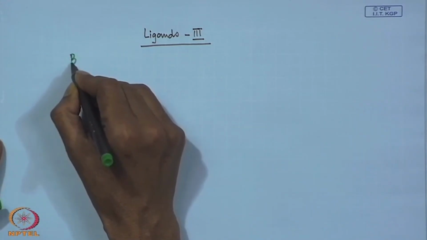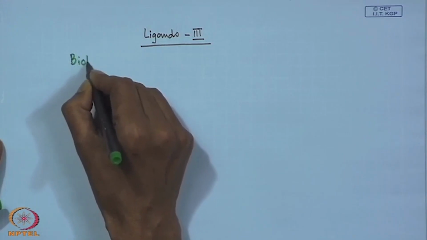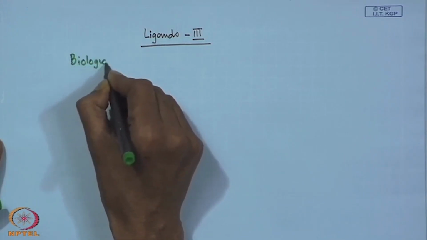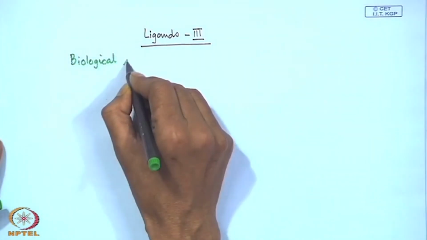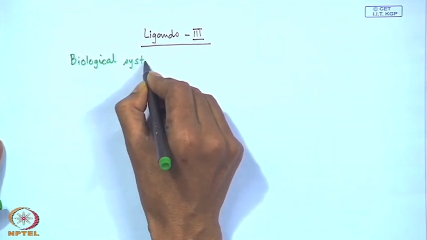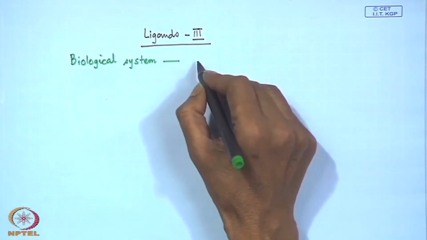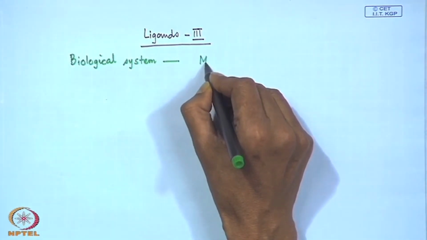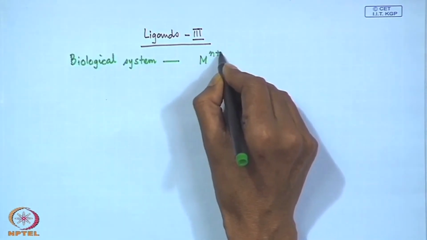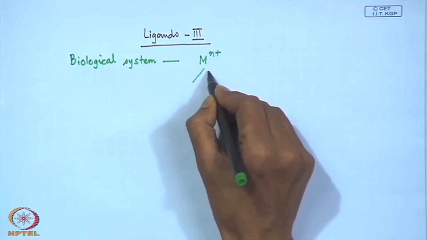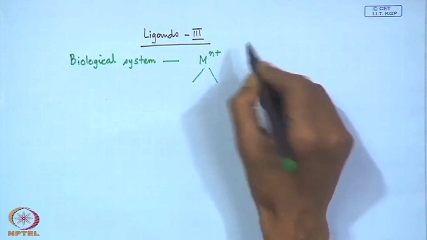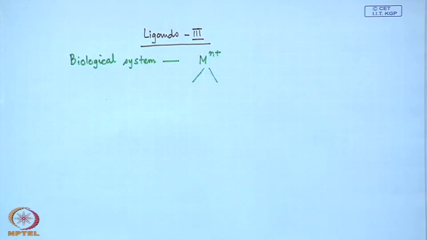So, if we deal with some biological system, so we will be talking about so much about the different metal ions. So, these are the metal ions, corresponding metal ions in the living system.